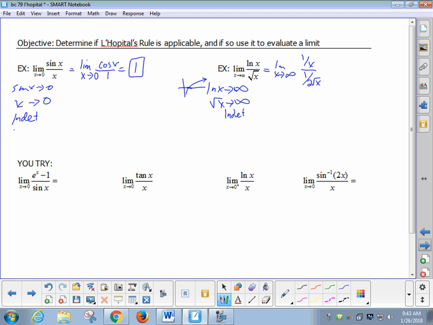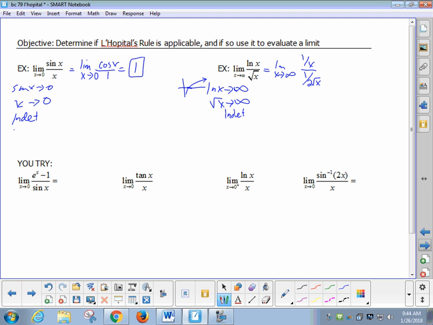So let me pause here and hold off on a common mistake. After a couple days of doing this, you start to maybe forget things, and this common mistake is made. You say, okay, I know it's an L'Hopital's case, and I take derivatives. But people start thinking, okay, so I take the derivative of that, and they use the quotient rule.